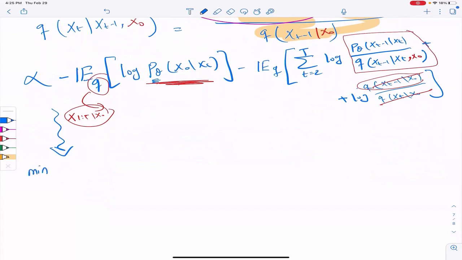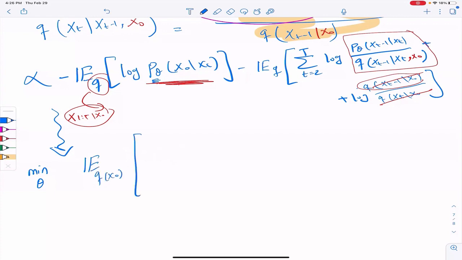So you're minimizing over theta. The first term is expectation over q x0 of KL divergence of q. Actually, I don't even need this term because that's constant. So everything is expectation over q x0.